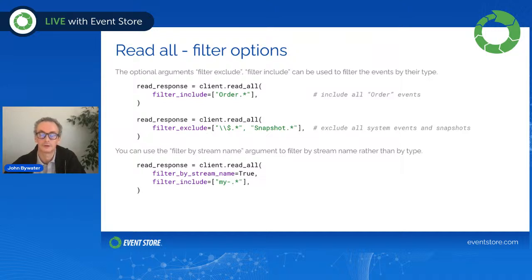The exclude filter does a similar thing, but it uses a slightly more complicated structure to exclude a set of alternatives, but you can look in the code for details if you want to. It filters by default on the event stream type string. If instead you want to filter on the stream name string, you just need to set filter by stream name as true.